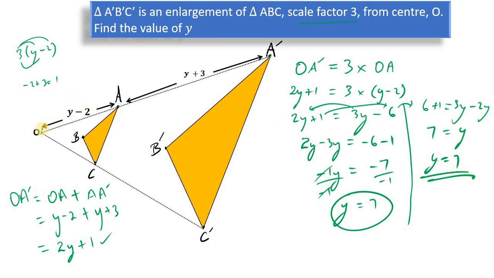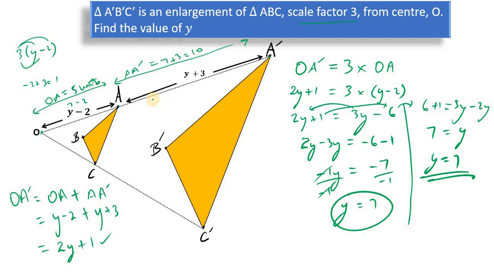So therefore, from O to A is 7 minus 2. So this distance here from O to A is equal to 5 units. And this distance from A to A prime is equal to y plus 3, which means y is 7, so 7 plus 3, which is 10.